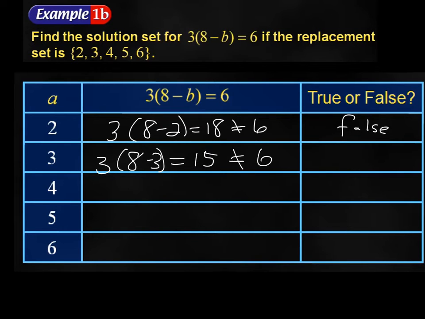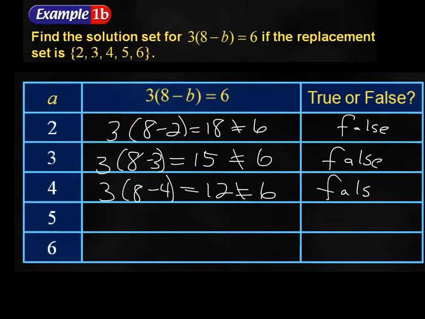Nope. 3 times 8 minus 4 is 4, and 3 times 4 is 12. Getting closer, but still not there. Let's try another one. 8 minus 5 is 3, 3 times 3 is 9. Nope.